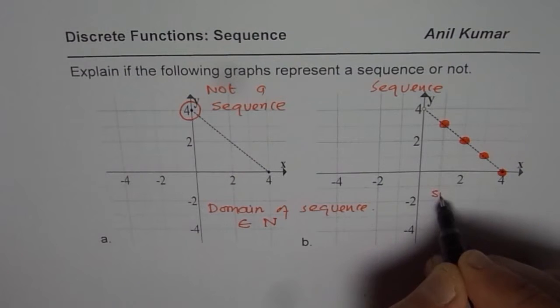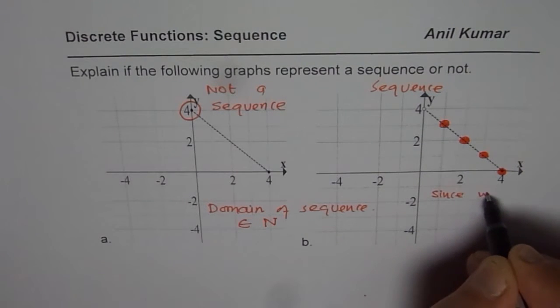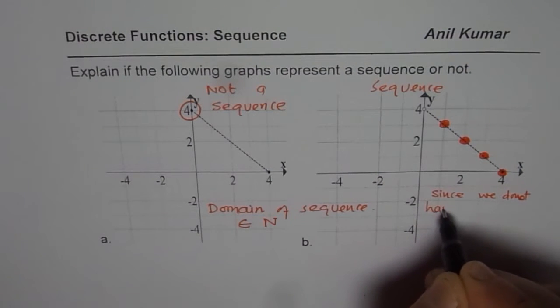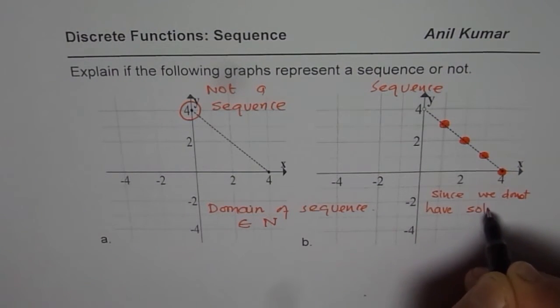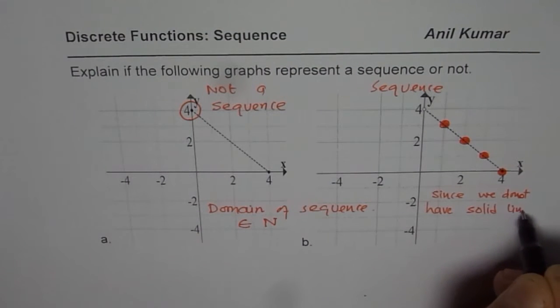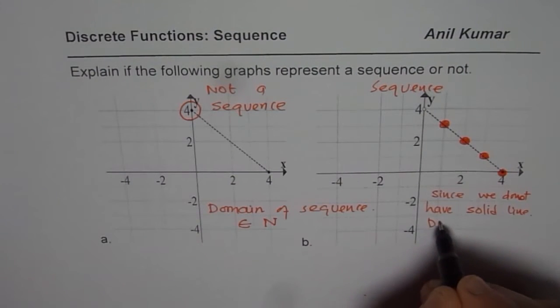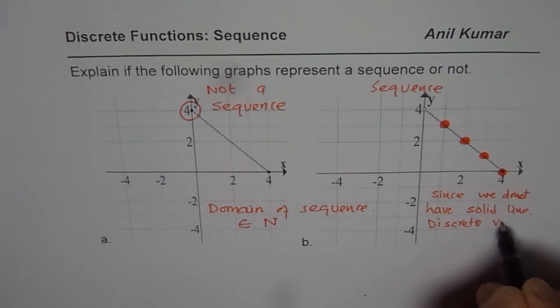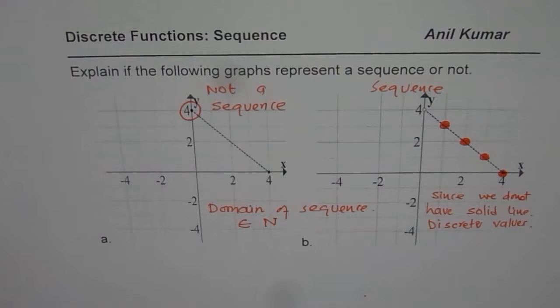Since we do not have a solid line, we'll assume discrete values. It represents discrete values. Do you understand? Since it is not a solid line, it represents a discrete sequence.